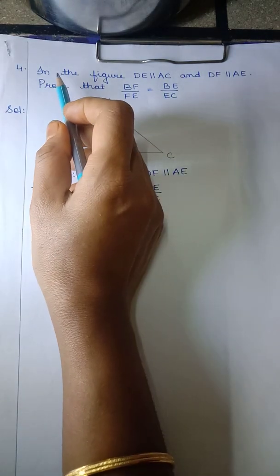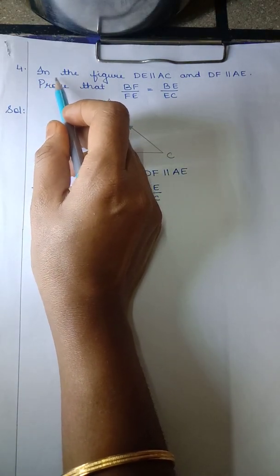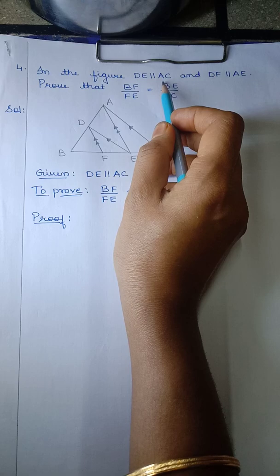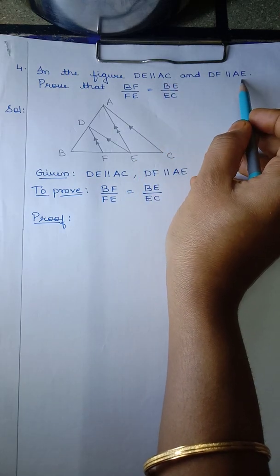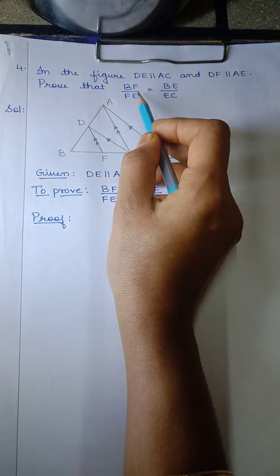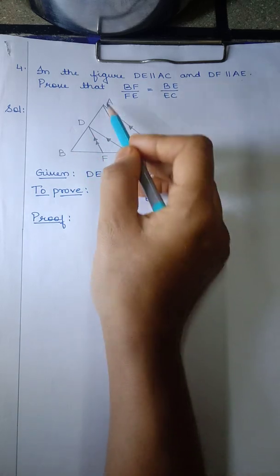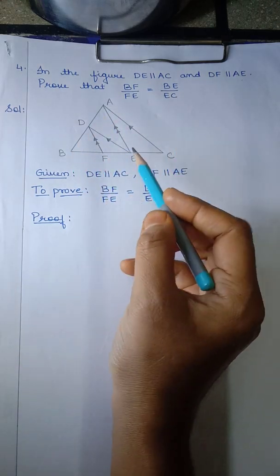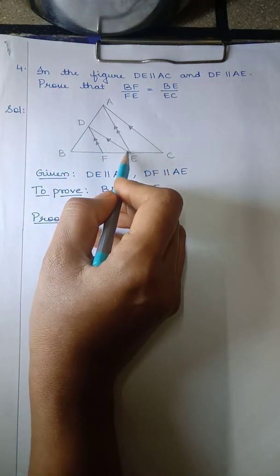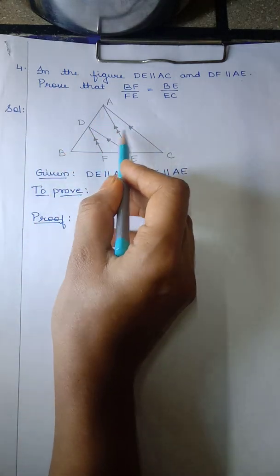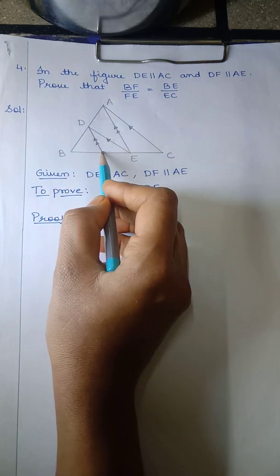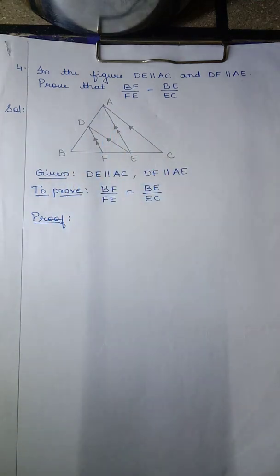Now coming to the fourth question. In the figure, DE is parallel to AC and DF is parallel to AE. Prove that BF upon FE is equals to BE upon EC. Figure is given, triangle ABC. In this triangle, DE is parallel to AC. You can see the arrow marks, and DF is parallel to AE. This is given.